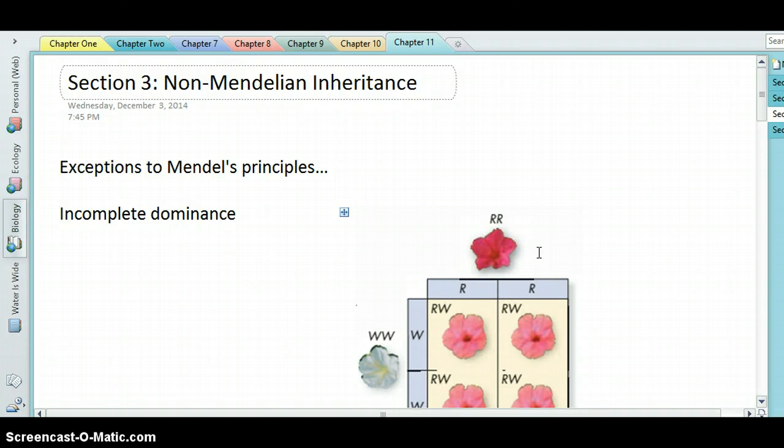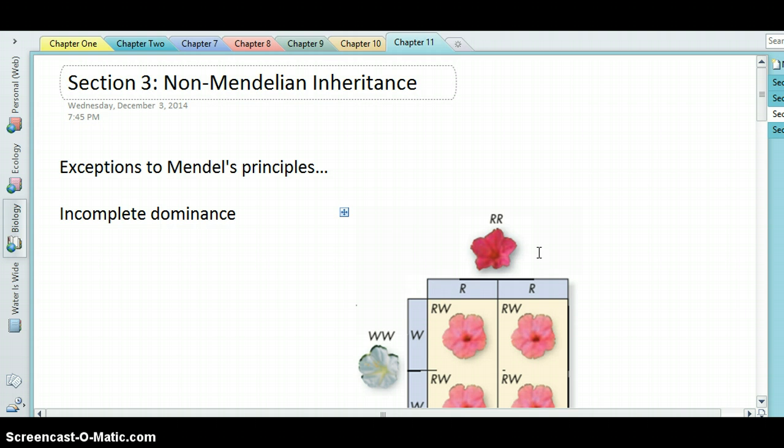Chapter 11, Section 3 now, non-Mendelian inheritance. So we've been talking about Mendelian genetics, the inheritance of these dominant and recessive traits, in which you have two forms of the trait again, a dominant form and a recessive form.